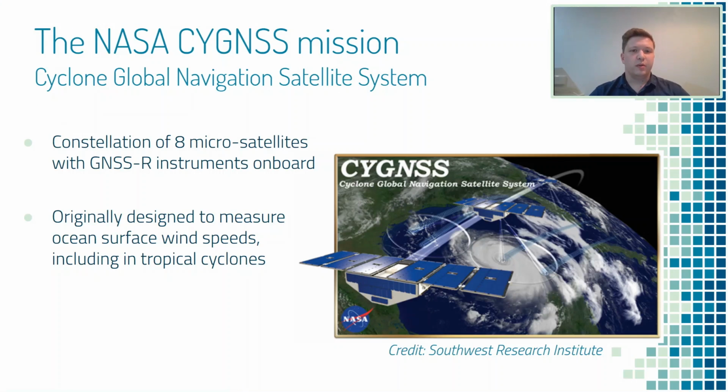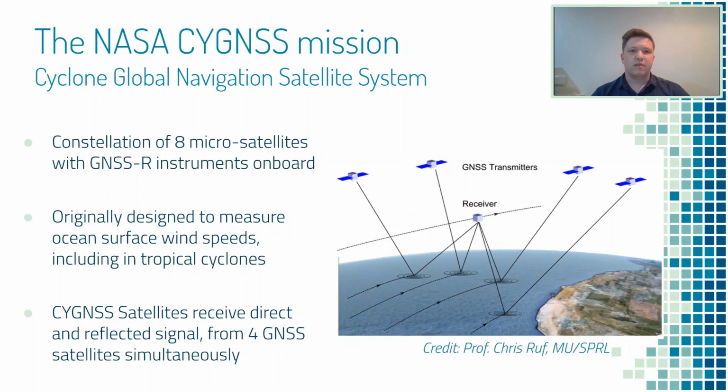So this is the principle behind the NASA Cygnus mission, which is a series of 8 microsatellites with GNSS-R detectors on board. These are designed to measure the wind speeds and the structure of tropical cyclones. Each one of these 8 microsatellites can receive 4 GNSS signals simultaneously.